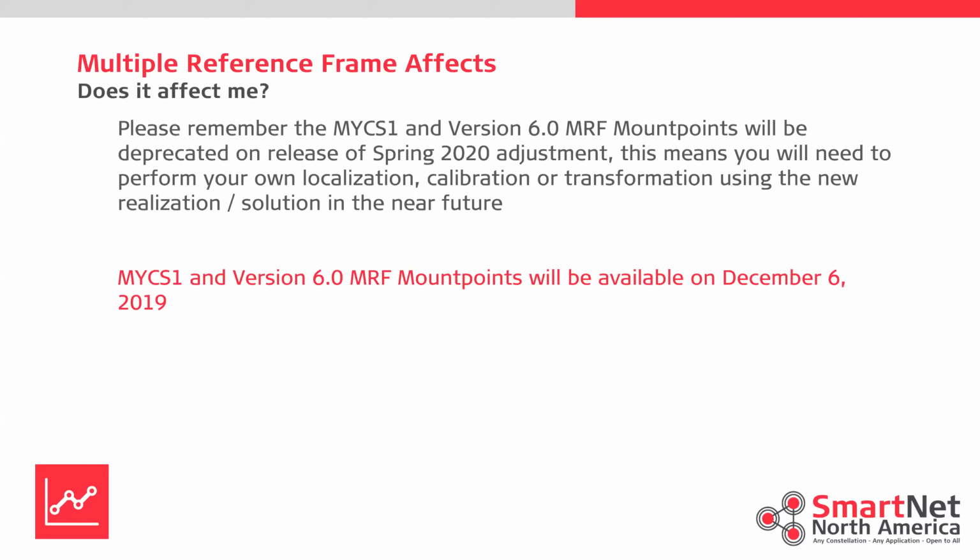Again, this is something that we have to do. We have to deprecate these MRF mount points, with these old solutions on them, in the spring, because if we don't, there will be discontinuities going forward, and random discontinuities are much, much, much more difficult for you to understand or troubleshoot than if we inform you of what is going to happen so that you understand what needs to be done on your side.